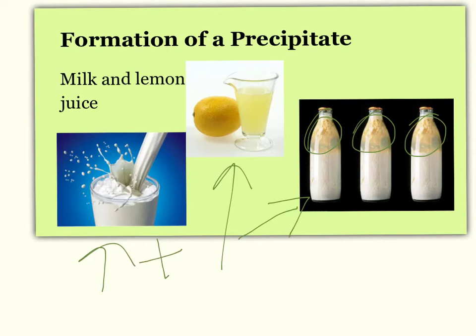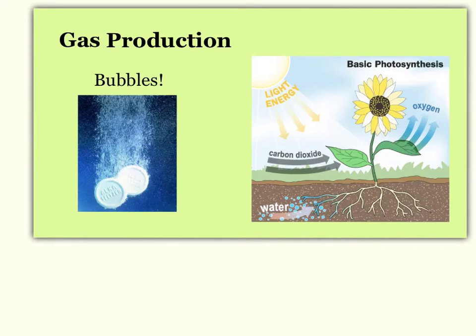Those are actually milk curds, like cheese curds, probably similar to cottage cheese. So you know that a chemical change has taken place because you see this precipitate fall out of the liquid.